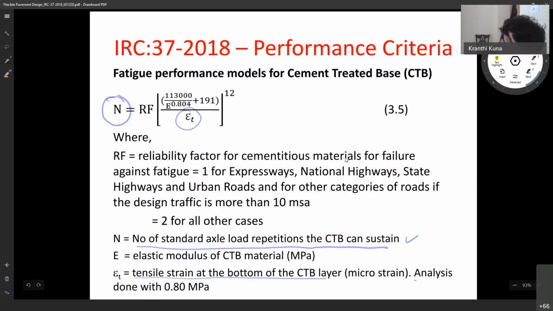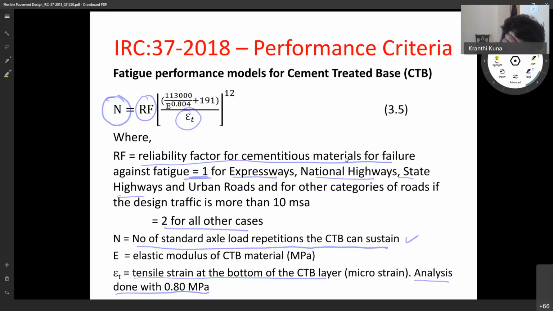I will come to this point: analysis done at 0.8 megapascal. We also have another term called the reliability factor, the reliability factor for cementitious material. You use a value of 1 for expressways, national highways and state highways, and 2 for all other cases. It is the same as our 80% or 90% reliability.